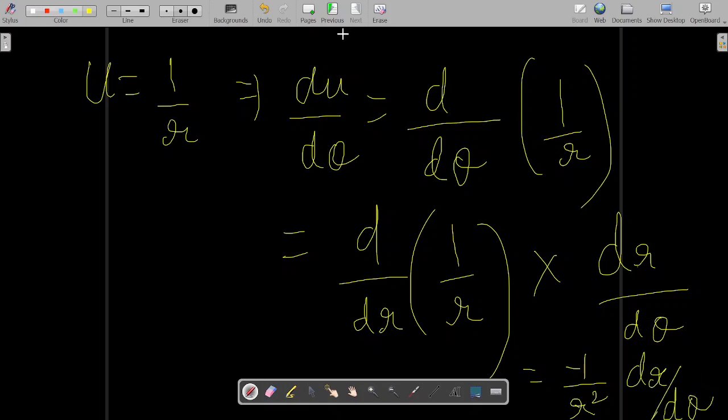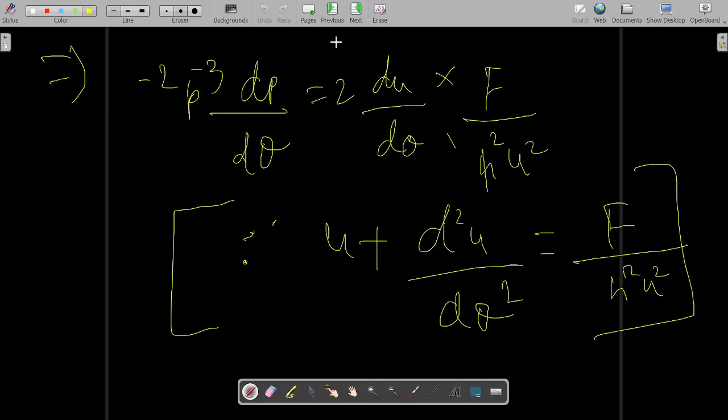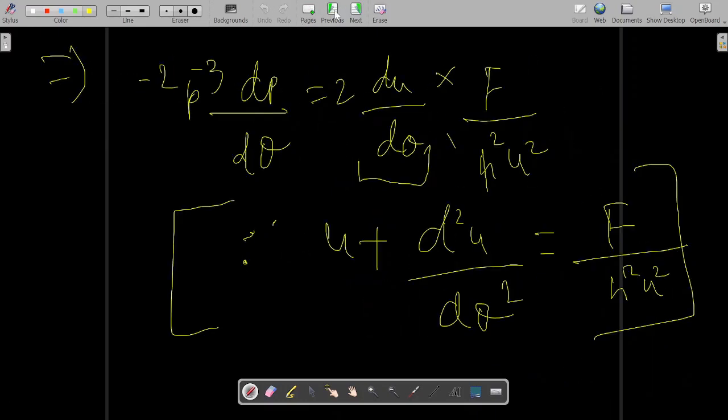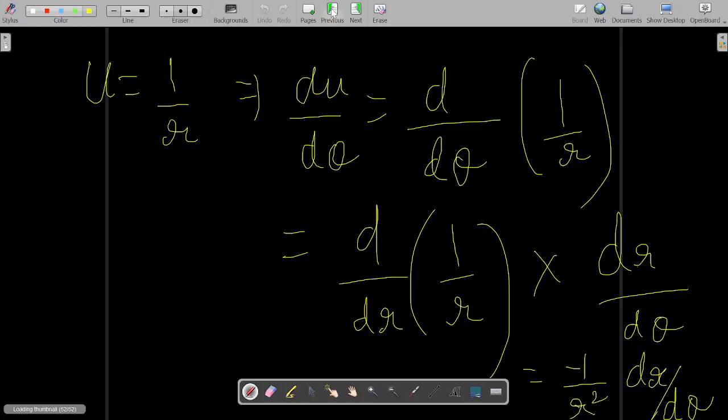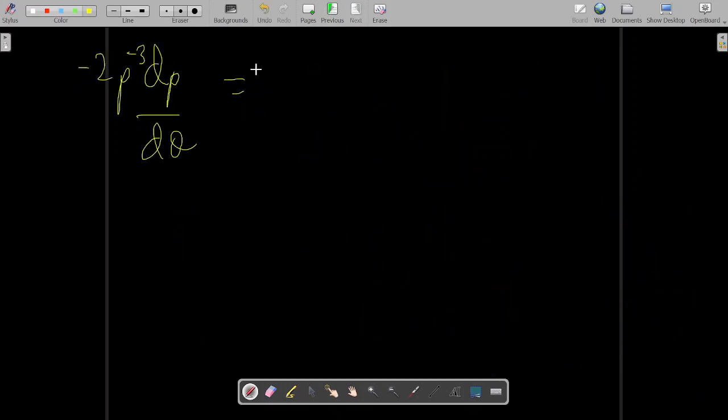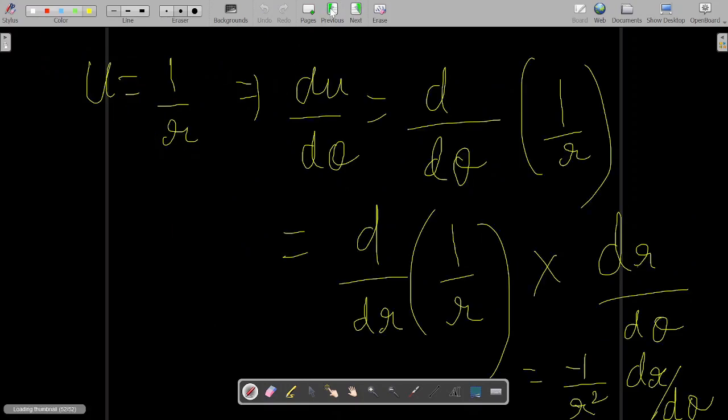So put this value of du by d theta over here. So what do you get? Minus 2 p to the power minus 3 dp by d theta is equal to 2 times du by d theta.